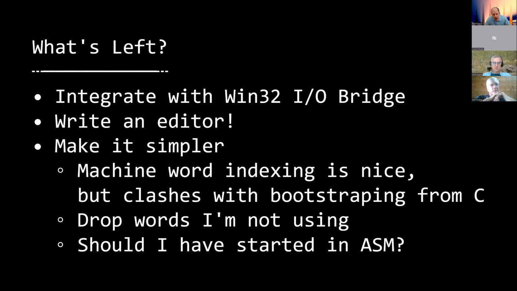I guess if I had locked in my register conventions, I probably could have simplified bootstrapping more. Maybe I could have structured things in a way where there's still a C harness, but instead of having to write the bootstrapper in Forth, I could have written a little bit of inline assembly to make that transition nicer, so that there's less of this bootstrapping the world when you don't have anything there.